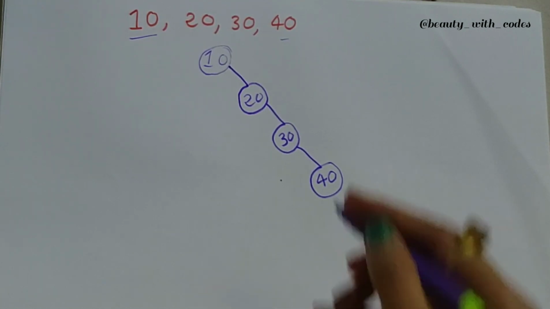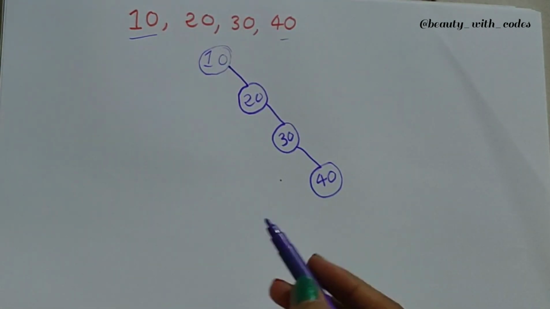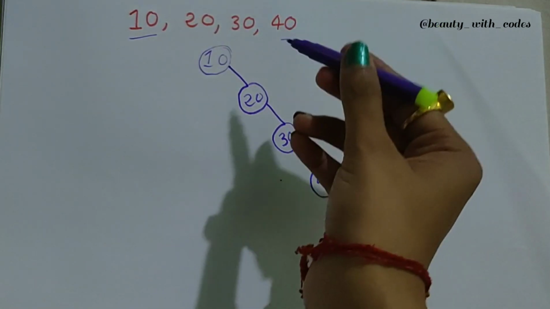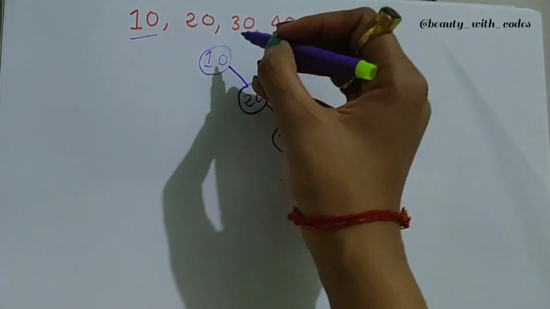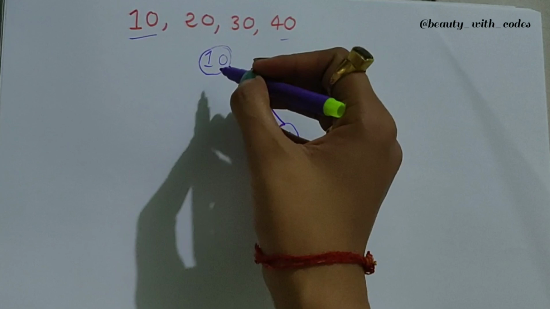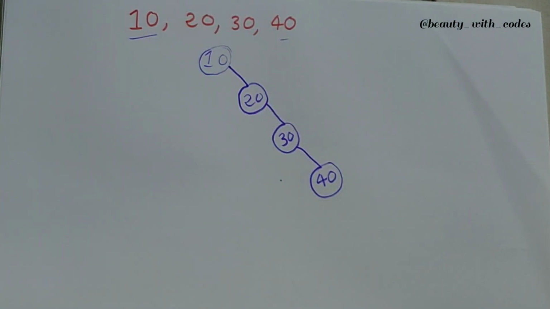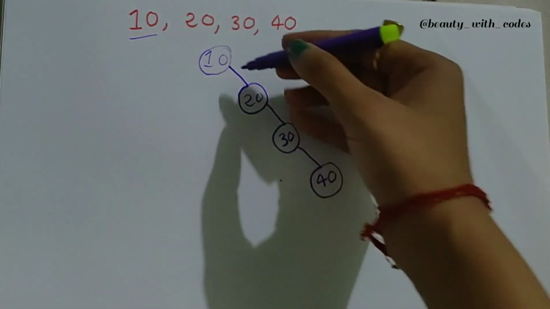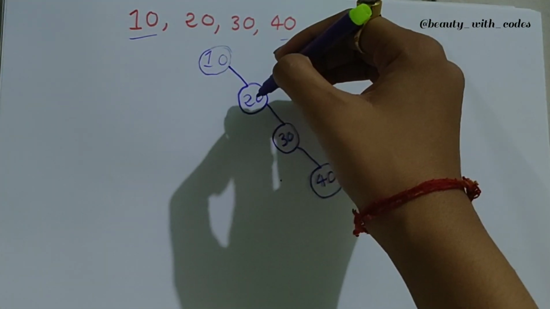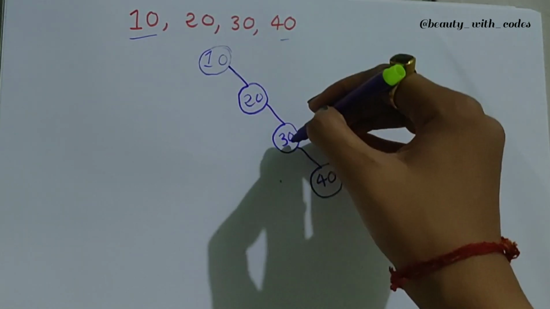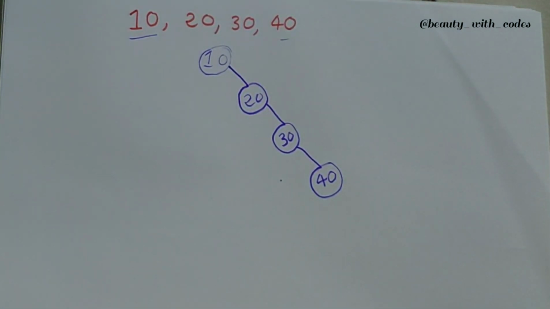But the problem is it is not balanced. Why not balanced? Let's say we have a tree whose root is 10. So yes, this is the tree, and now I ask you to search whether 45 is present in this tree or not. So what will you do? You have to check here if it's 45 or not, then here, and then you will say no, 45 is not present in this tree, isn't it?